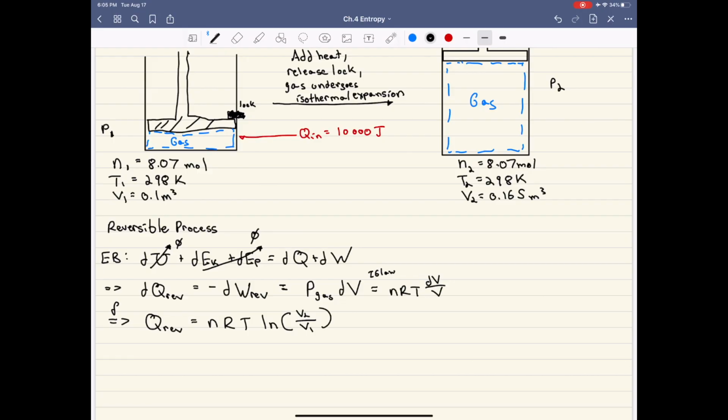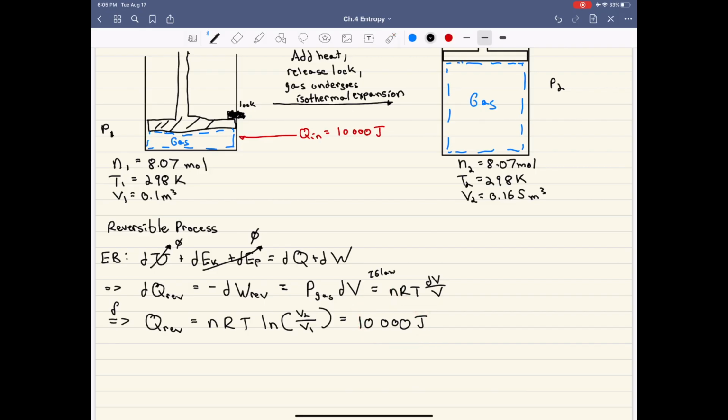If we plug in the volumes V2, V1, and the nRT values that we have, what we get back out is 10,000 joules. So the negative of the work that we get out of the system is equal to the heat that we put into the system.